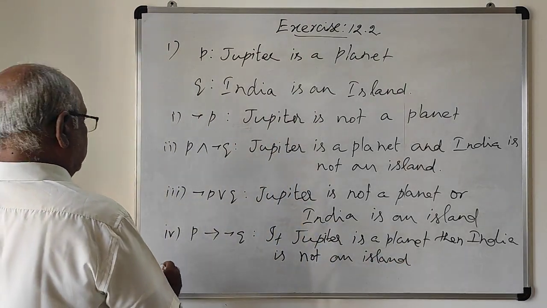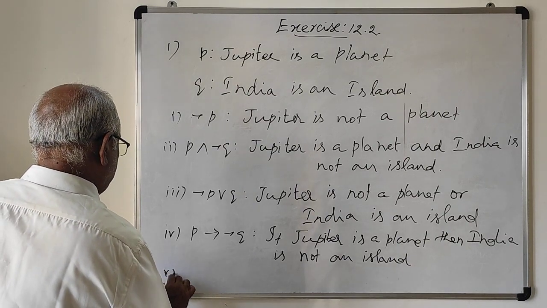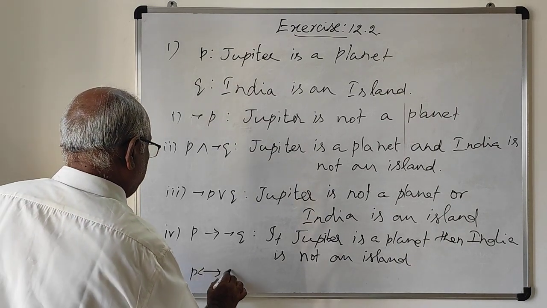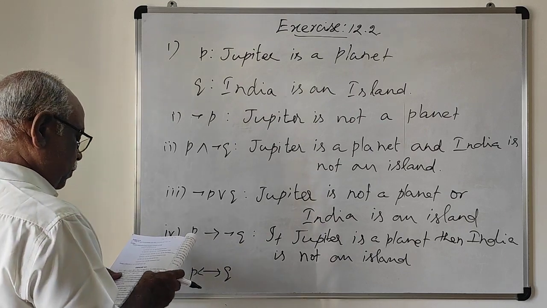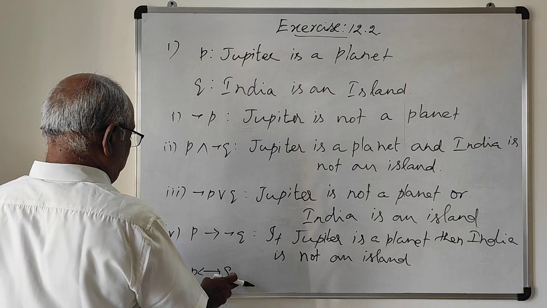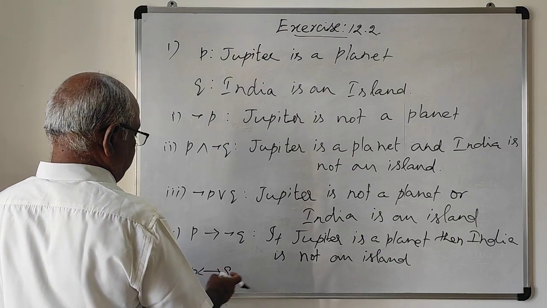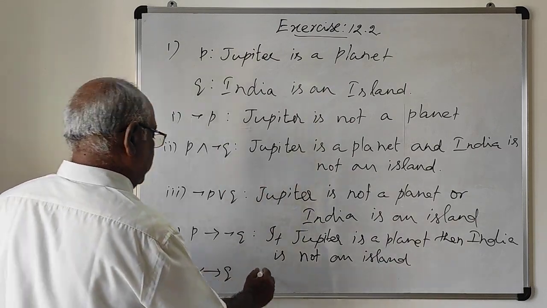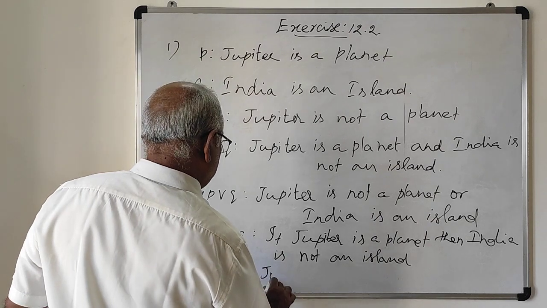Finally, the fifth one, P if and only if Q. That means Jupiter is a planet if and only if India is an island.